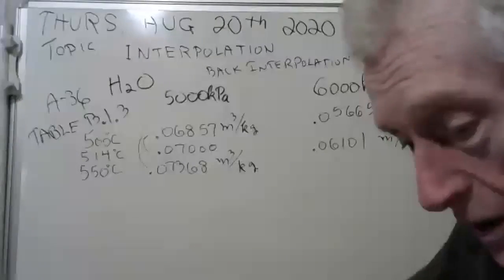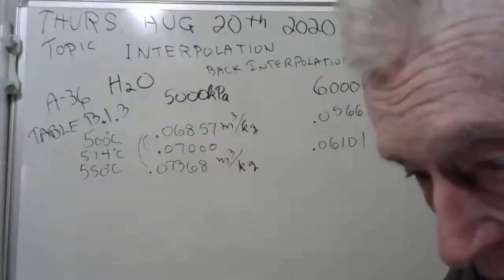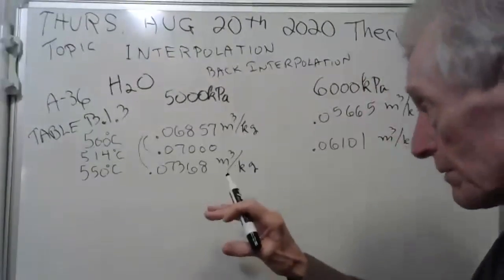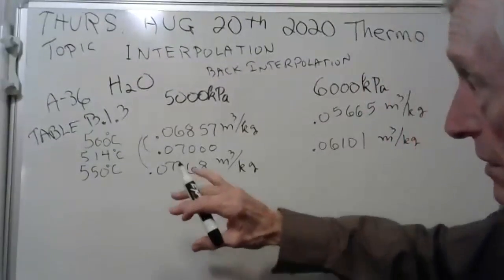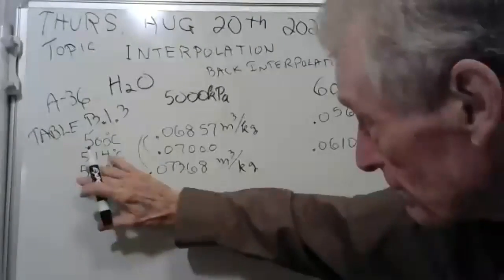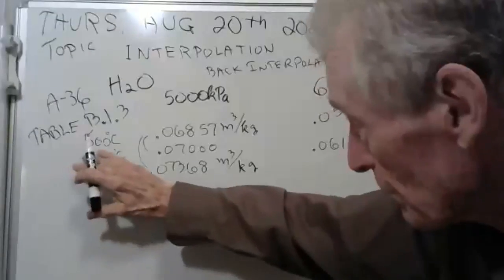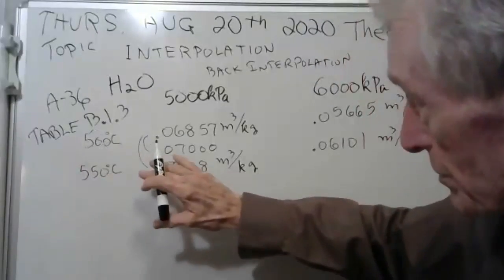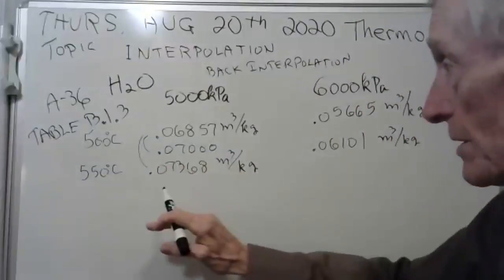Now, is that my friend Mohammed that just asked me that? Yes. Yeah, Mohammed, you understand the problem now. We're trying to find this 514. We don't know what it is, but we do know this is 0.07.